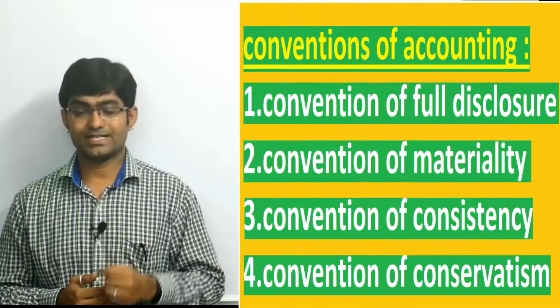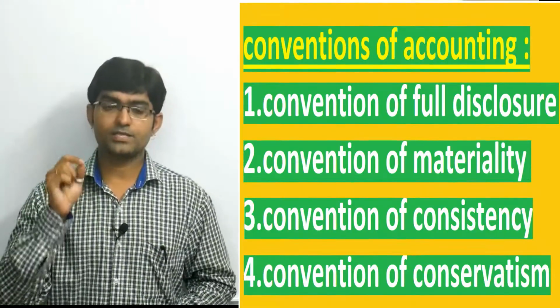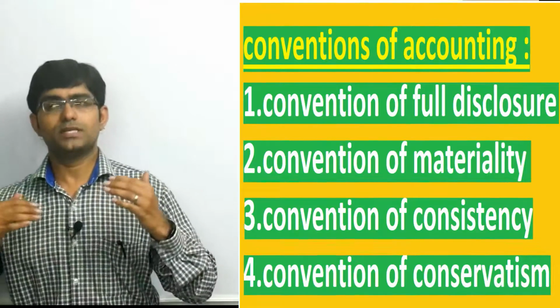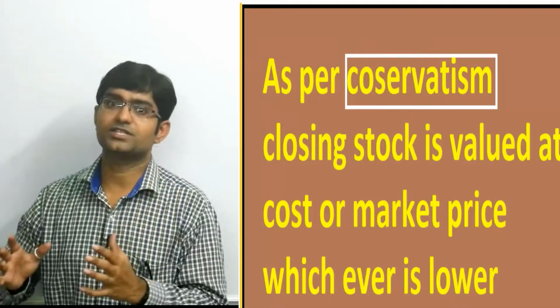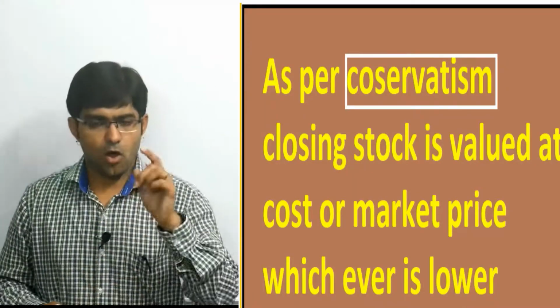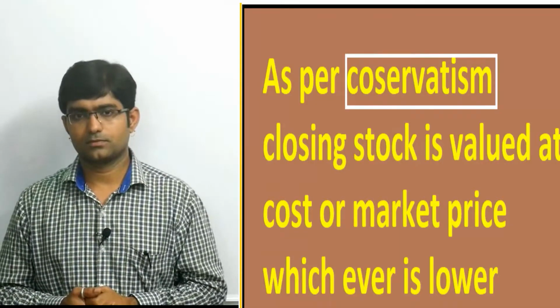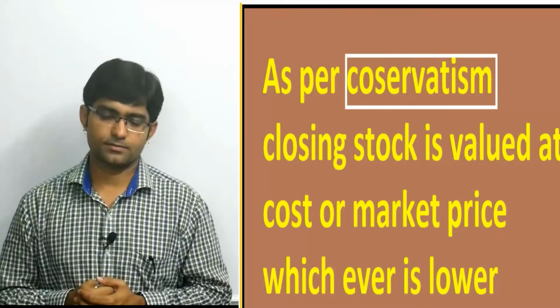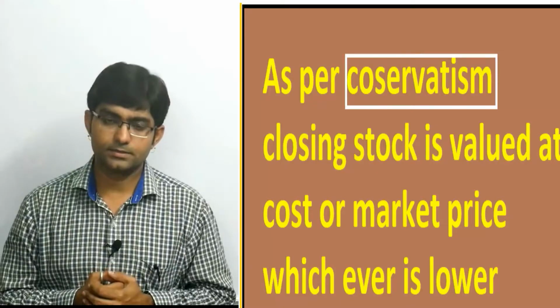And moreover, a small point, valuation of closing stock is based on this principle of conservatism. This says closing stock needs to be valued at cost or market price, whichever is lower. The cost is 5 lakh rupees, but the market value is 4 lakh rupees. Tomorrow, if you sell your closing stock, how much amount will you get?